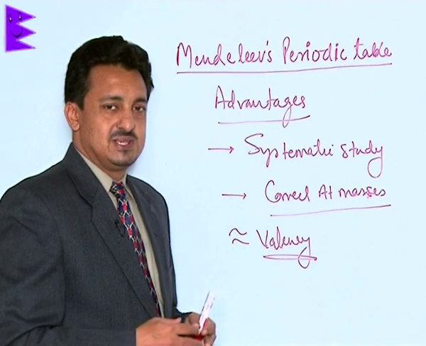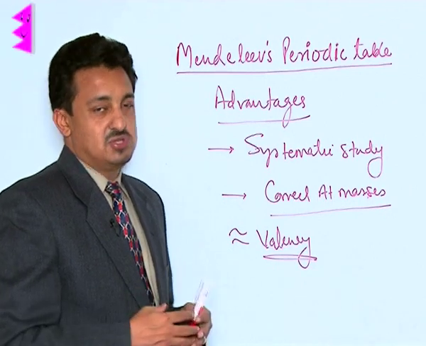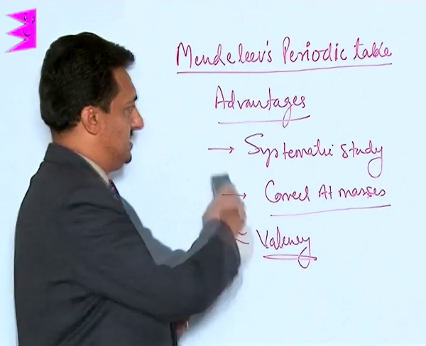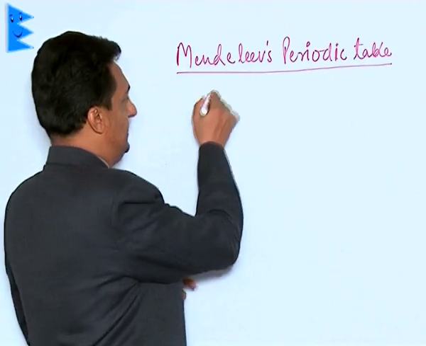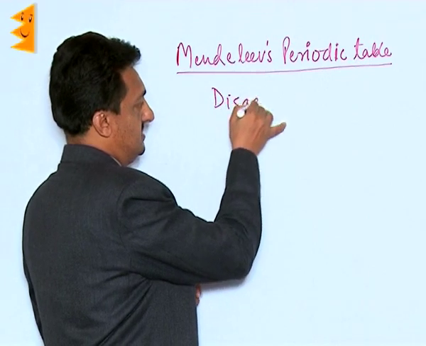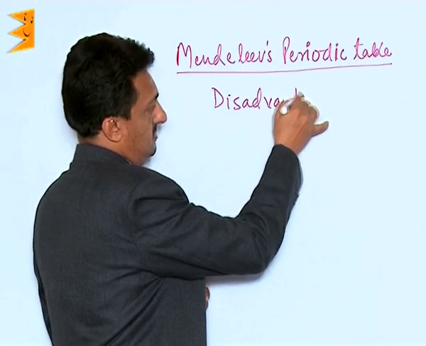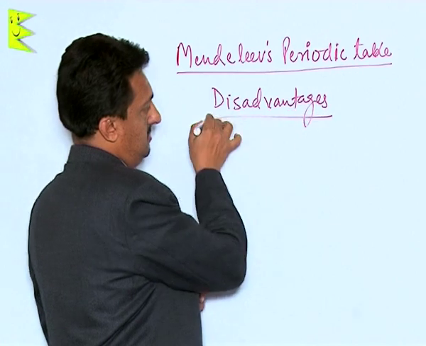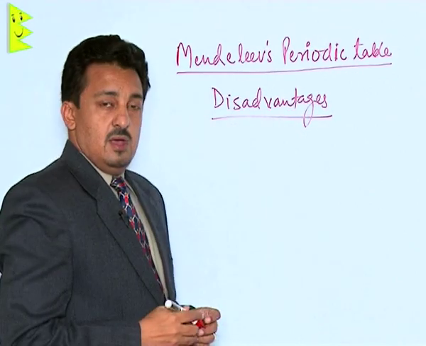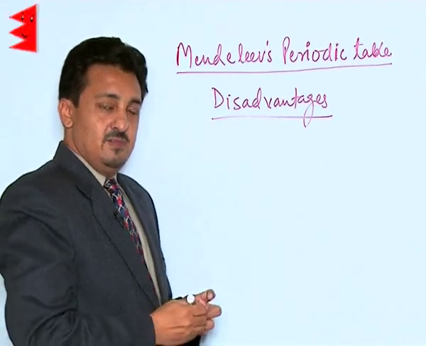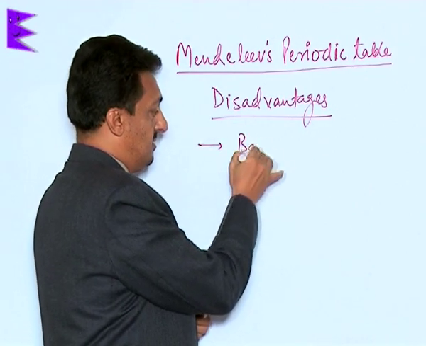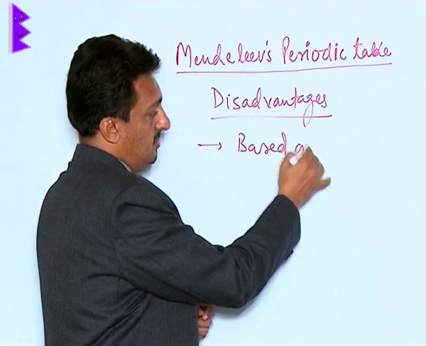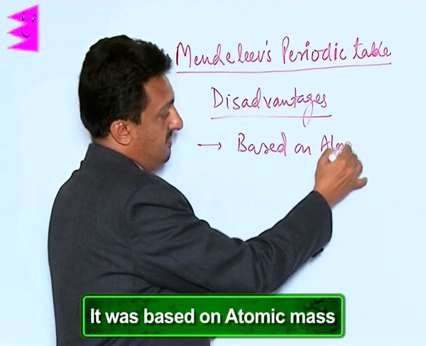Now let us discuss the limitations or disadvantages of Mendeleev's periodic table. The disadvantage is that it was based on atomic mass.